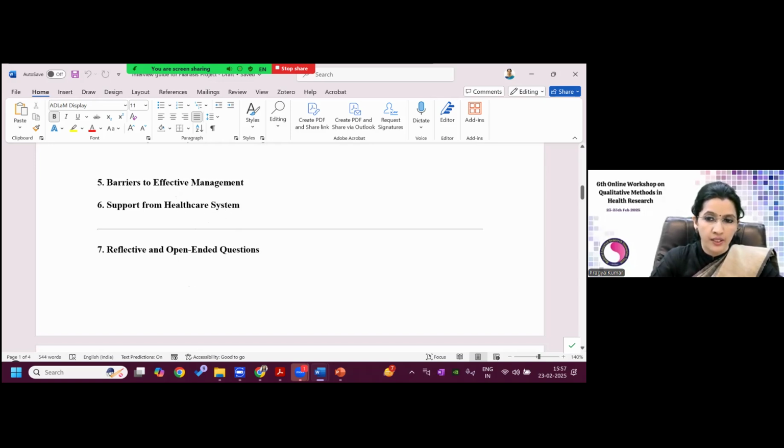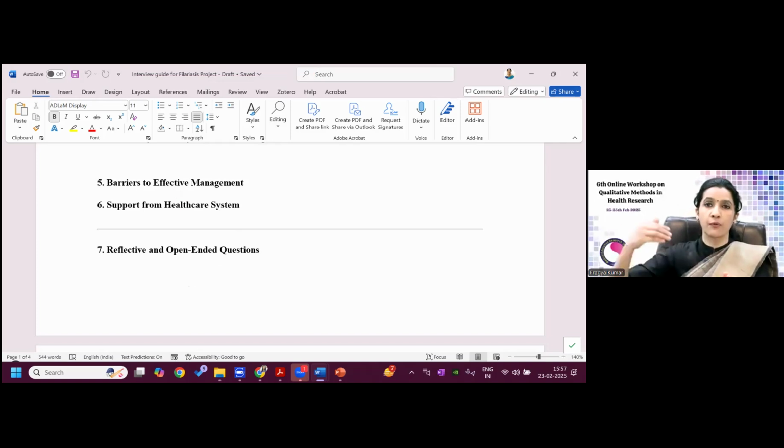I have formulated this. And then the interview guide will be different, because there are various stakeholders. In this case, there were healthcare workers like Asha and ANM, then a caregiver, then patients, and then medical officers. So there were 4 stakeholders.